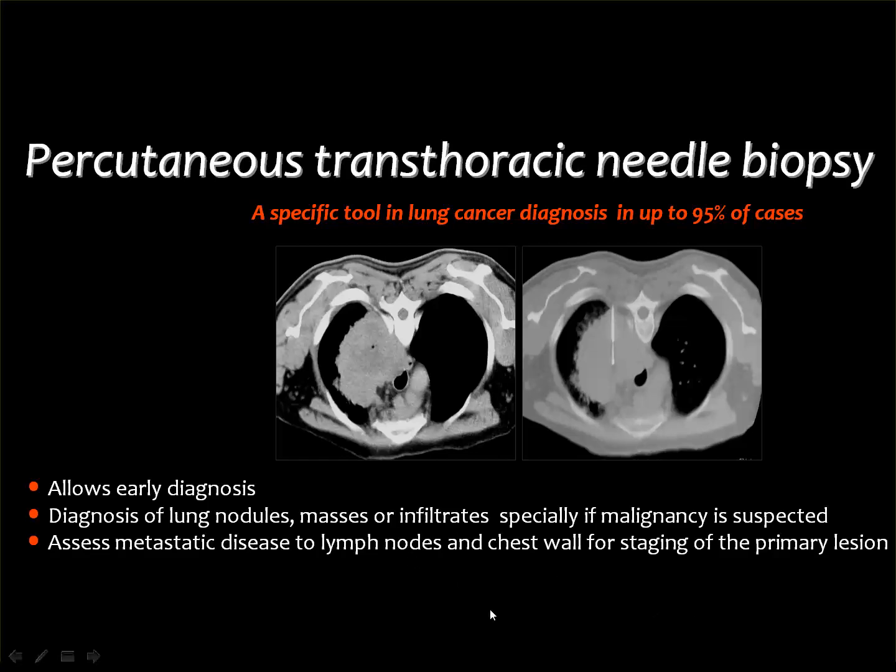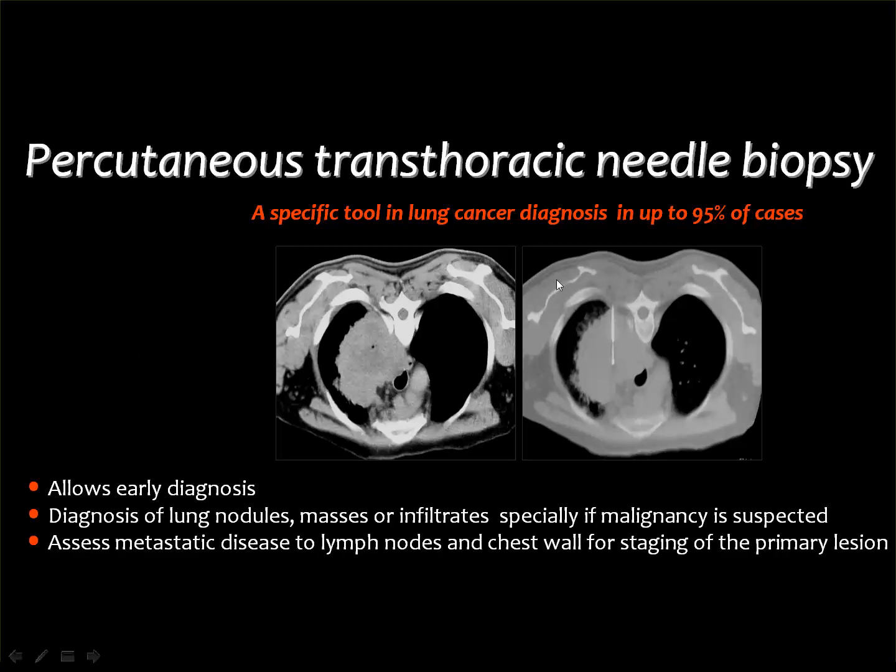CT-guided or ultrasound-guided needle biopsy is one of the important procedures in the battery for evaluation of lung cancer. Of course, whenever you identify or suspect a lung cancer on the basis of X-ray and CT finding, I think that the best way is to go direct for needle biopsy.